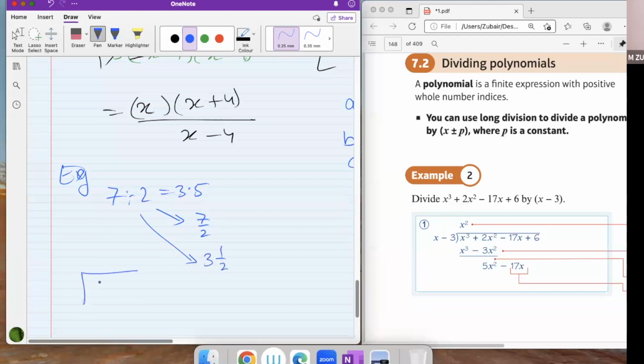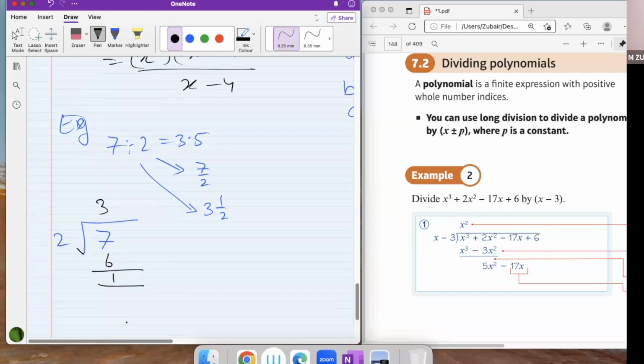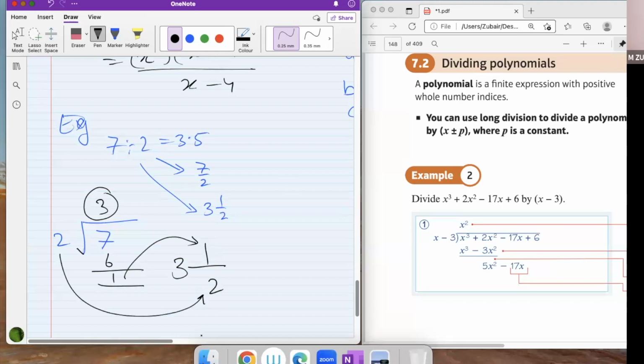If I tell you to do it and show by long division, so this is the way, 2, 3 times 6 and 1 is remainder. So this is 3 whole 1 by 2, which is remainder, and this is divisor. 7 is the dividend. So we will be doing something like this.